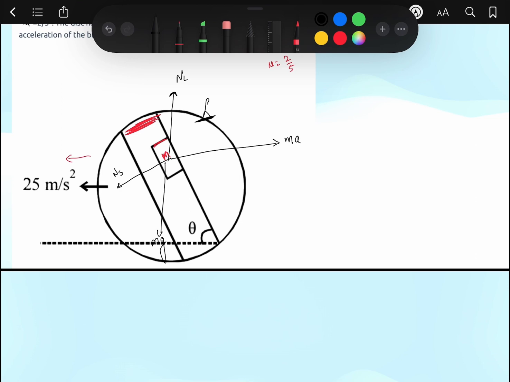S means it is due to the contact with the side surface of this groove. ये साइड वाले सरफेस से जब कांटेक्ट में आएगा, मैं ऐसे डिनोट कर देता हूँ उसको, इस वाले सरफेस से जब कांटेक्ट में आएगा तब इसके ऊपर एक नॉर्मल फोर्स लगेगा, that I am calling NS. So it is the normal acting due to the contact with the side surface, and this is the normal force acting on it due to the contact with the lower surface. ओके, तो दो नॉर्मल फोर्स आ गए हमारे पास.